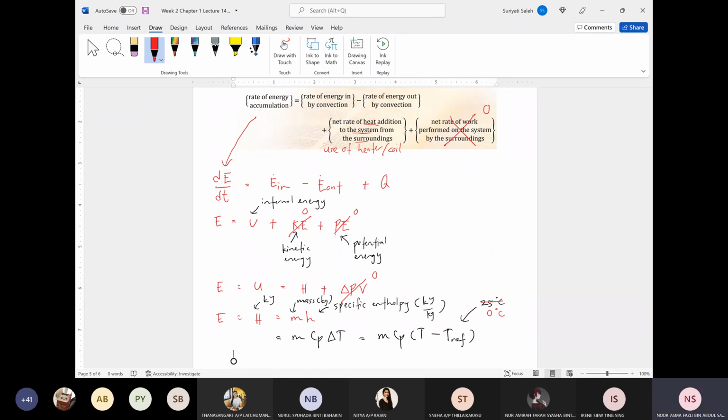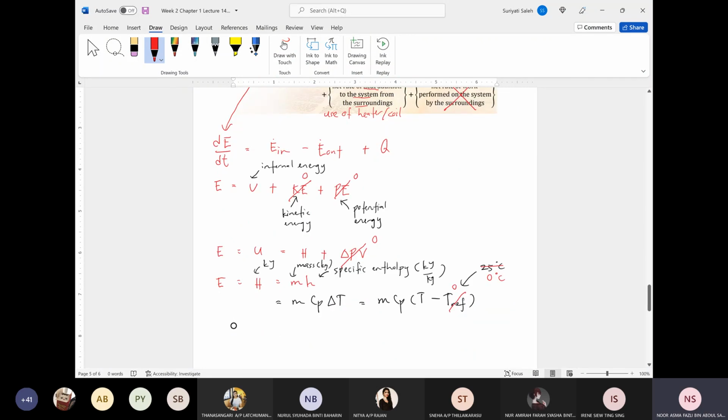When we assume the reference temperature equal to 0, then T reference automatically becomes 0 and is neglected. That reduces the equation to E equals M Cp T. So we just have 3 variables instead of 4. Sometimes we need to do this simplification for the sake of solving our mathematical model.